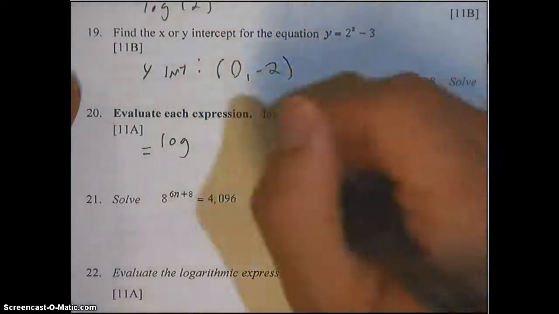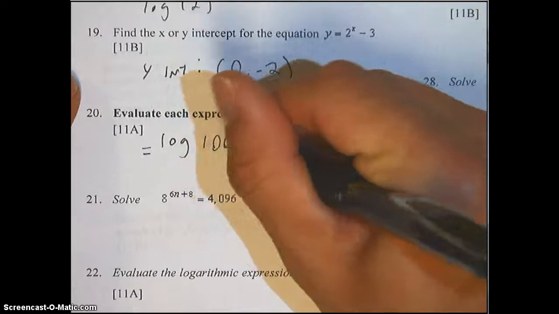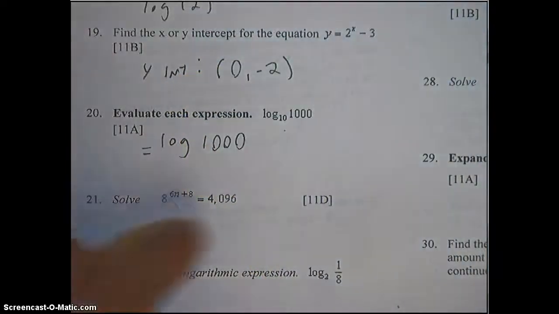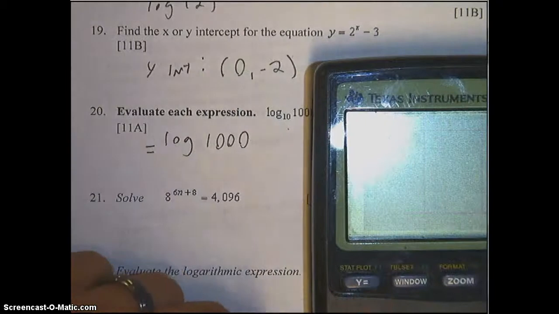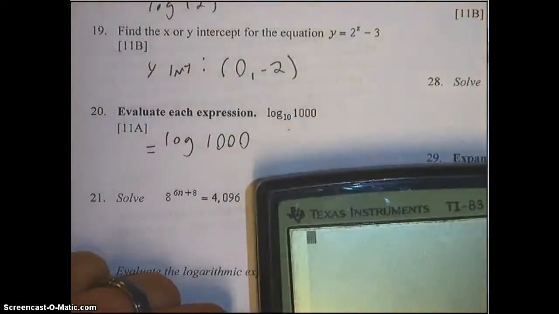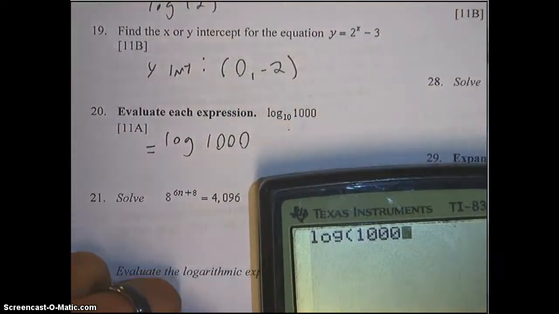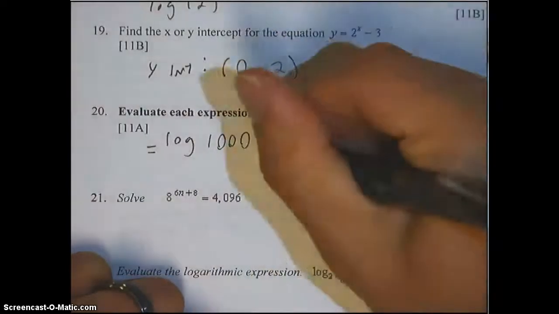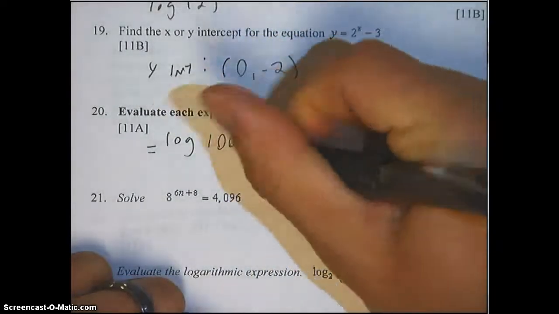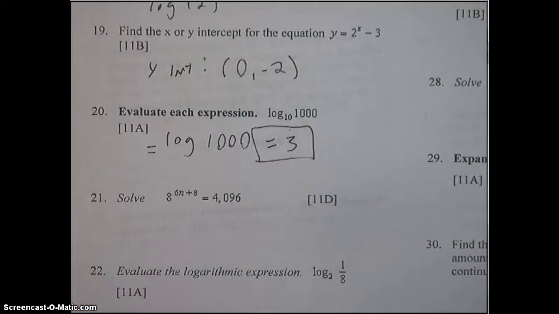So in the calculator, all you have to do is log of 1,000. You don't have to do change of base here because the calculator is log base 10. So all you need to do is type in log of 1,000 to get 3.